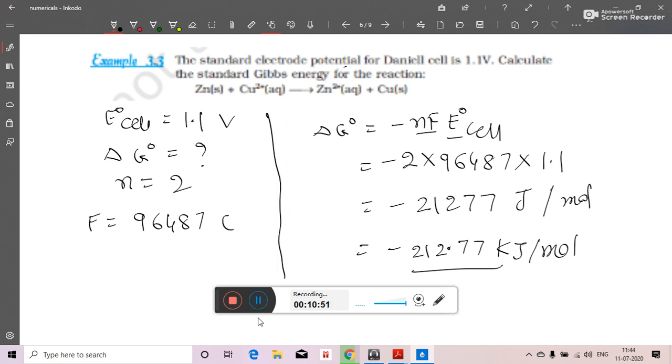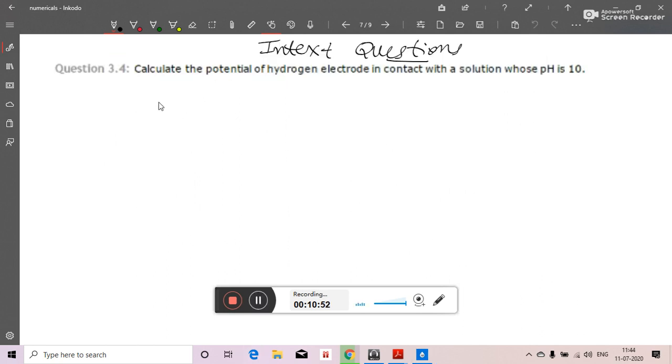Now let us see in-text question 3.4. Calculate the potential for hydrogen electrode in contact with a solution whose pH is 10. So here we will see that pH of the solution is 10.